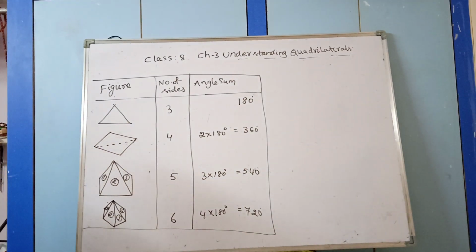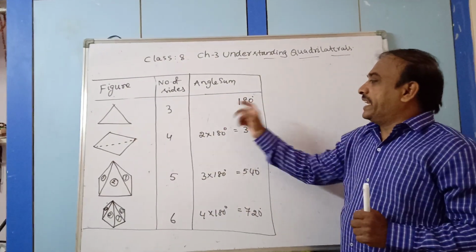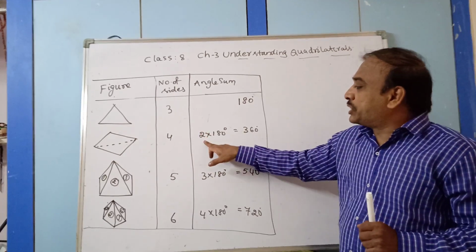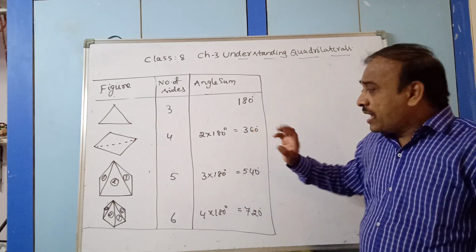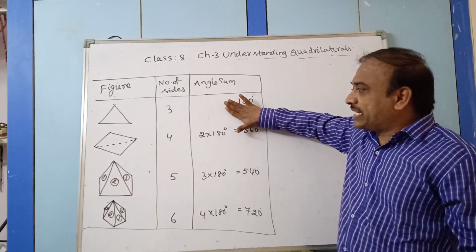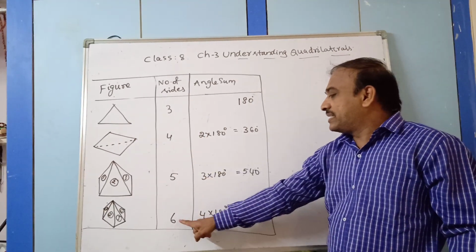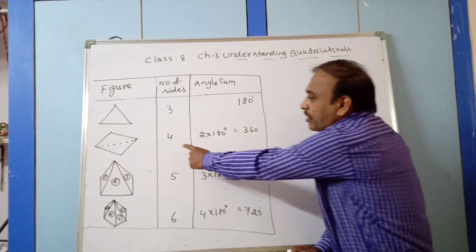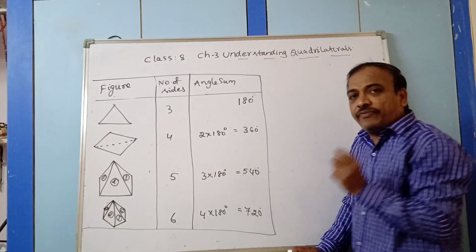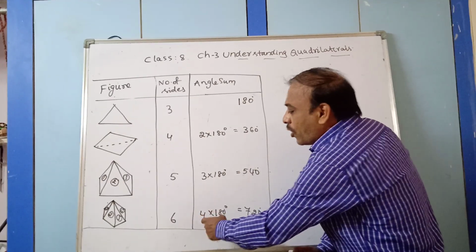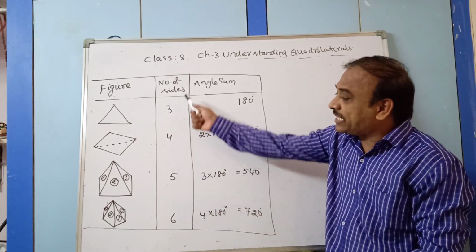From this we are going to derive one formula. 3 sides means only one triangle. 4 sides means 2 triangles can be made. 5 sides, 3. 6 sides, 4. You see here, 4 and 2: what is the difference? 2. 5 and 3: the difference is 2. 6 and 4: the difference is 2. 3, 4, 5, 6 are the number of sides.